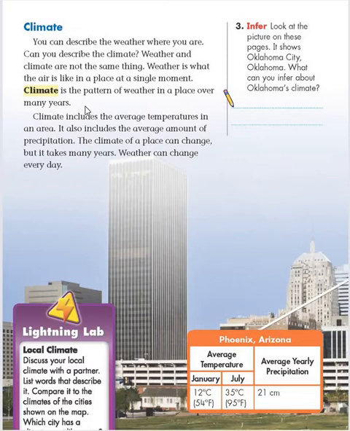The climate includes the average temperature in this area, the amount of precipitation or rain, and also the winds found in this area. So the climate is different from the weather; it cannot change from day to day, and it is stable for one area.